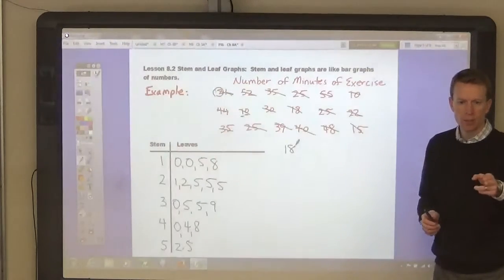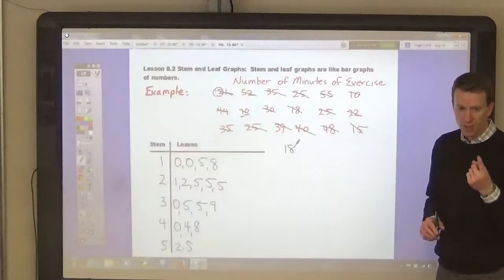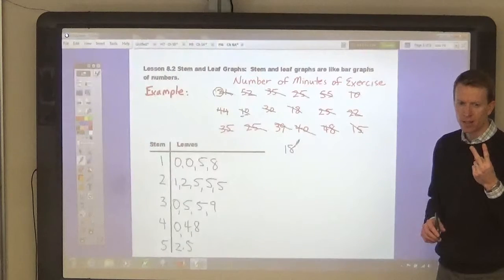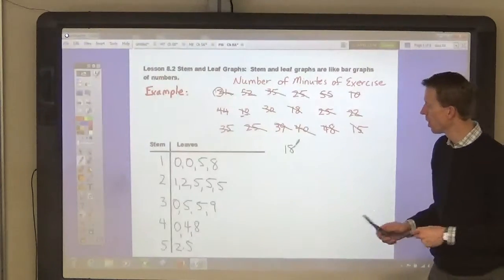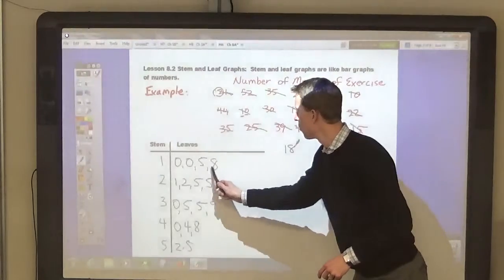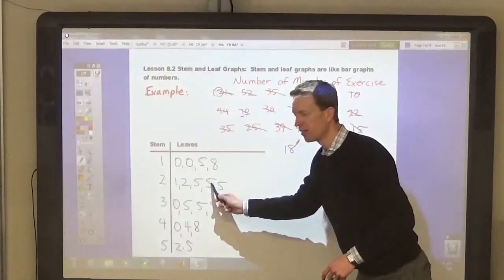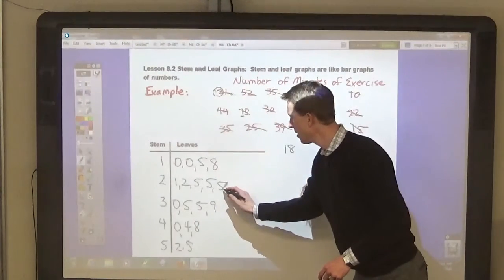The 9th number and the 10th number. So 1, 2, 3, 4, 5, 6, 7, 8, and 9.